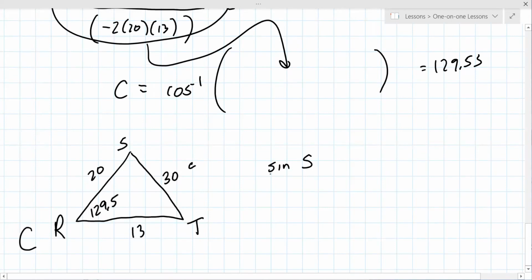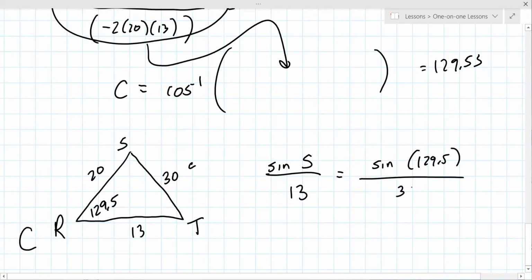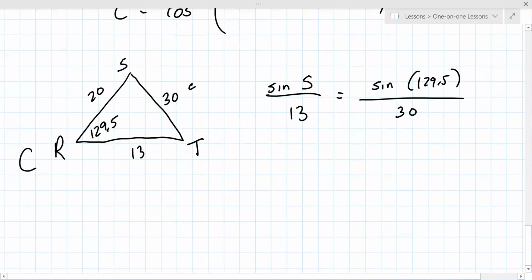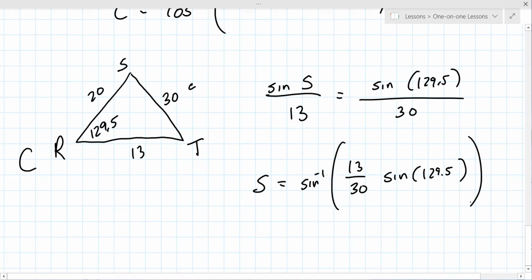Sine of angle S over the side that's across from it, 13, equals sine 129.5 over 30. As I mentioned before, you can solve for sine S, but S is 13 over 30 sine 129.5, sine inverse of all that. So you can do it all in one step.